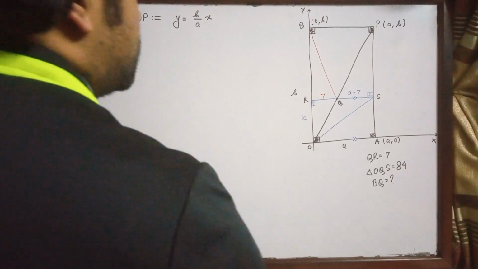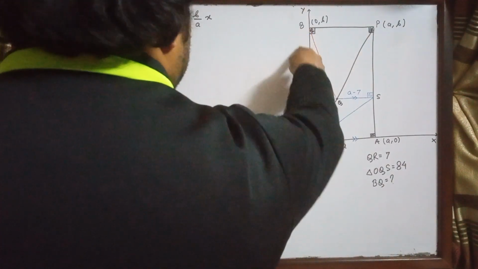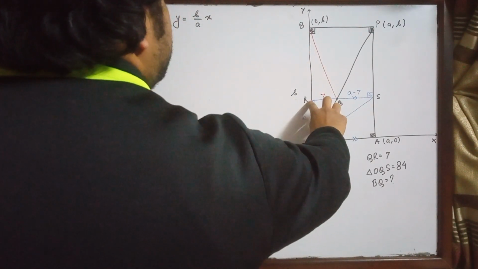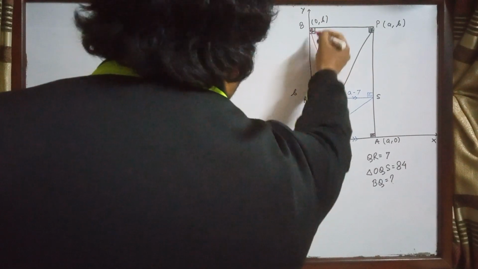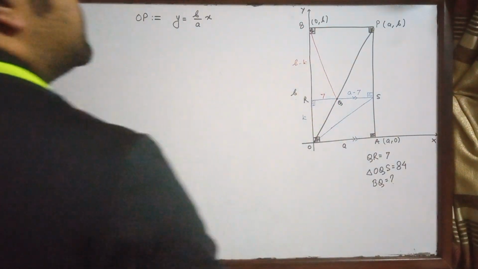Since this entire length is B and a part of it is K, the remaining part, BR, is B minus K.